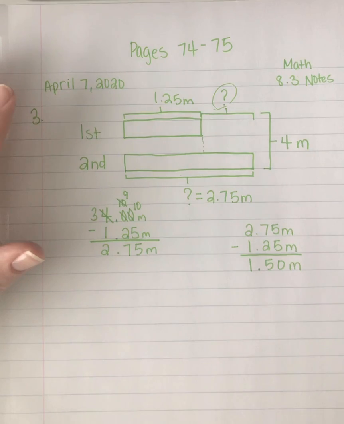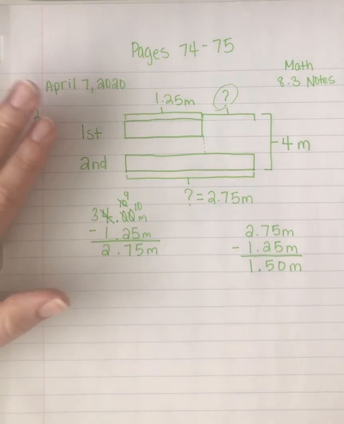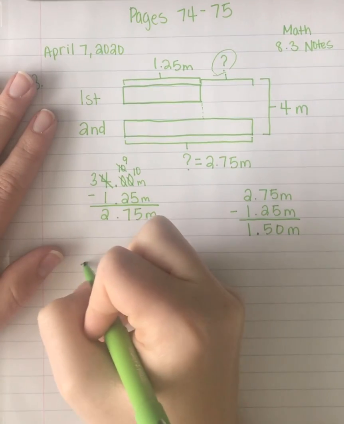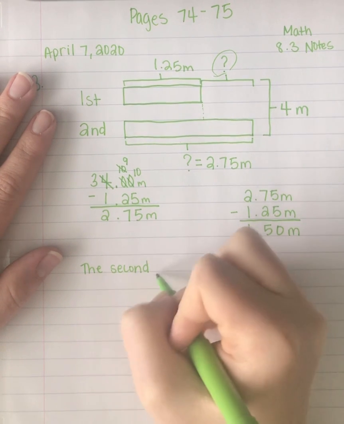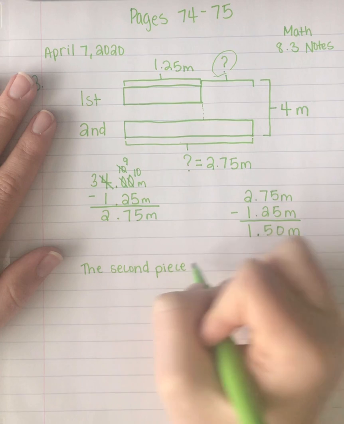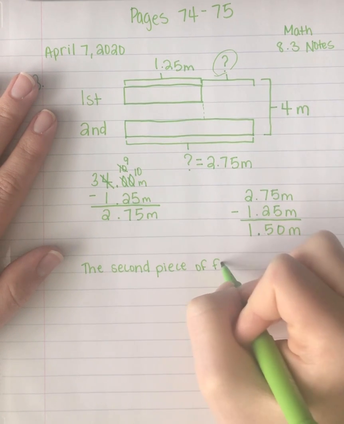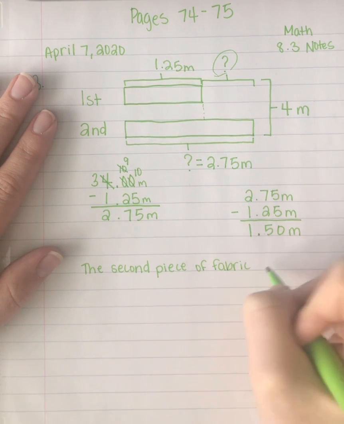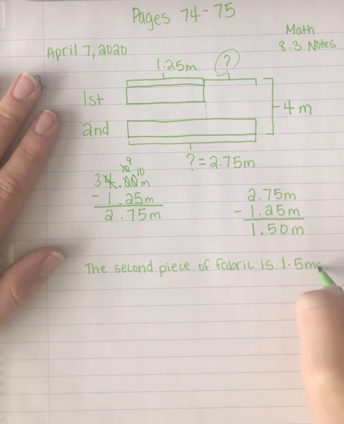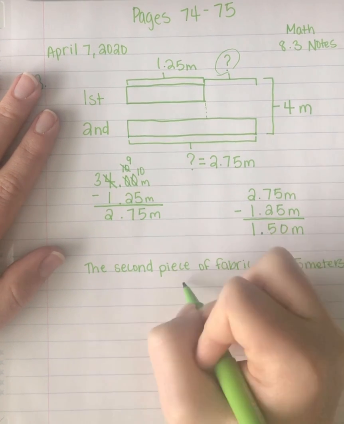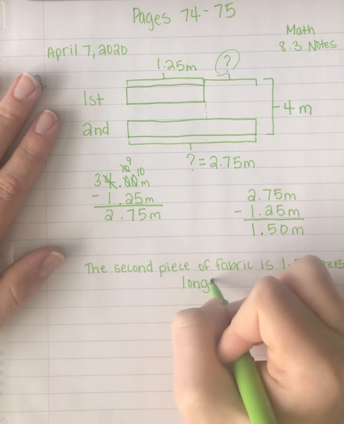So that is how I would set up my answer sentence. It gives it to you already. So the second piece of fabric is 1.5 meters longer.